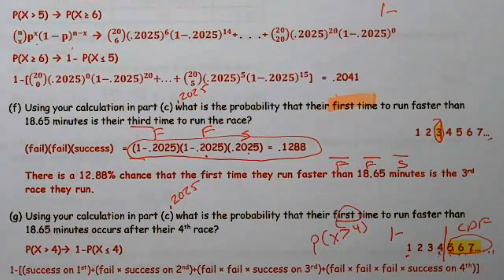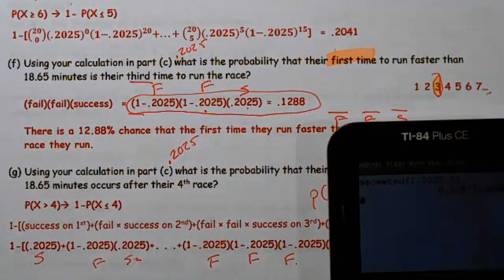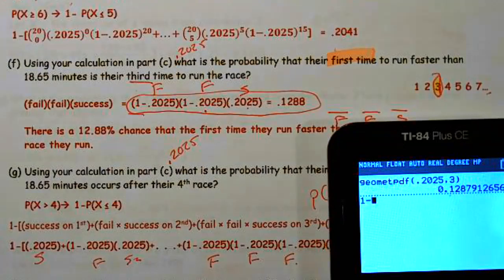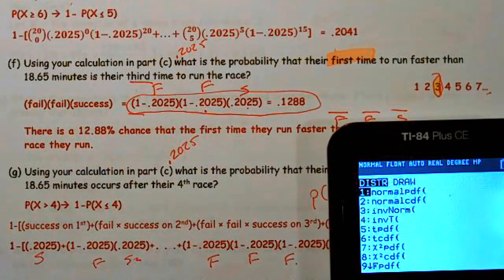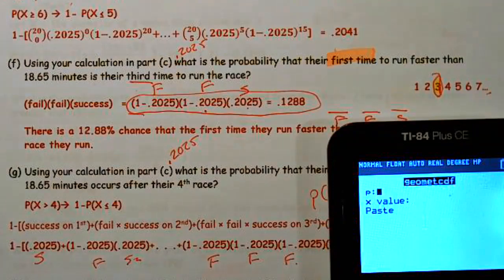Now, that's actually a lot of work to do by hand, and once again, this would be good work shown. So 1 minus second vars, geometric CDF, P is still 0.2025, X is 4.